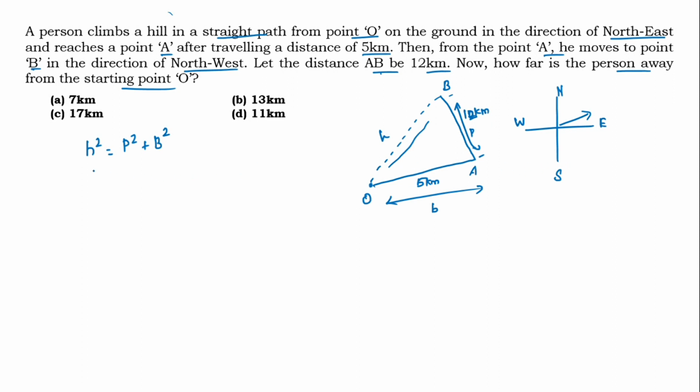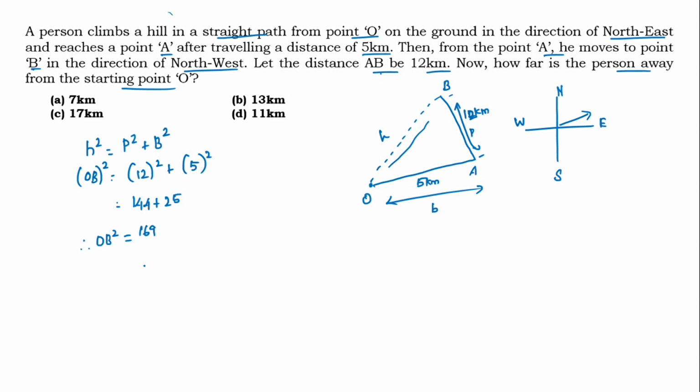Now we have to find H. OB is the hypotenuse. So OB the whole square is equal to 12 the whole square plus 5 the whole square. 12 12s are 144 plus 25 is equal to 169. So therefore OB square is equal to 169.